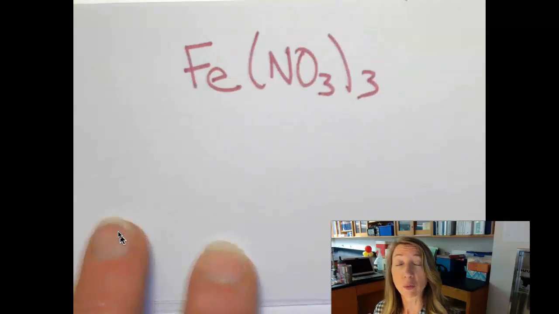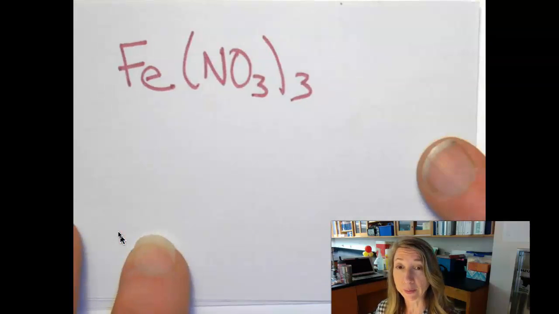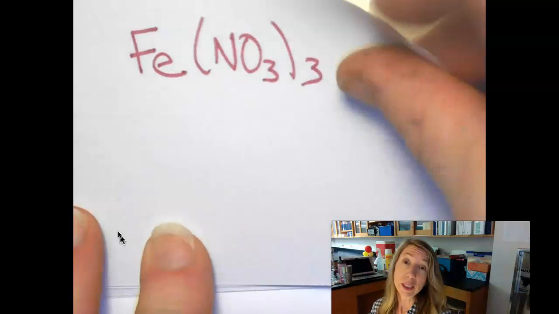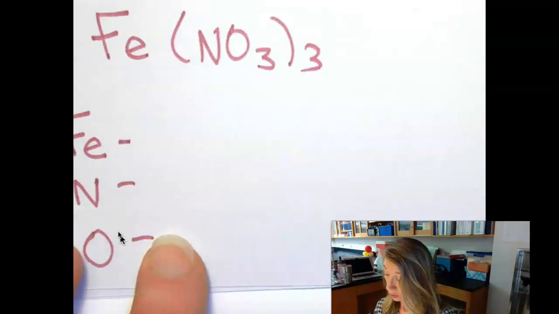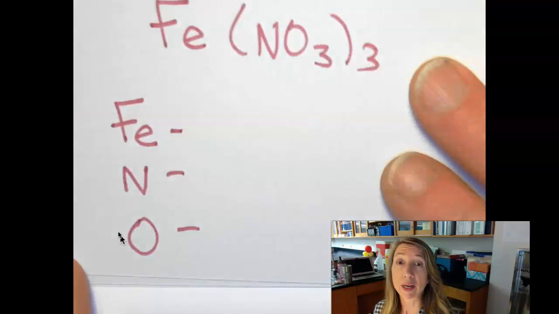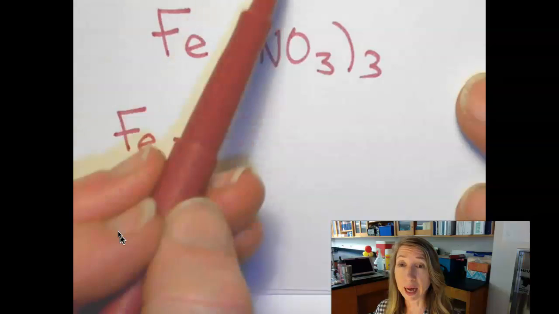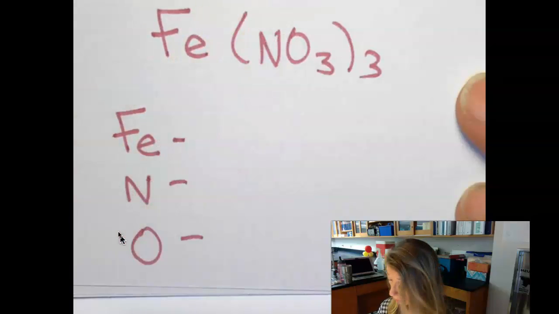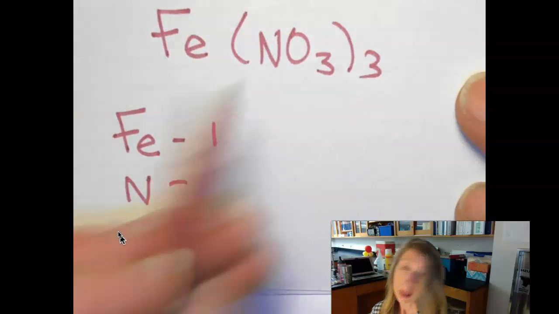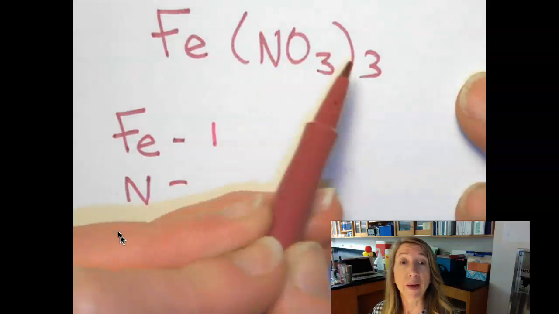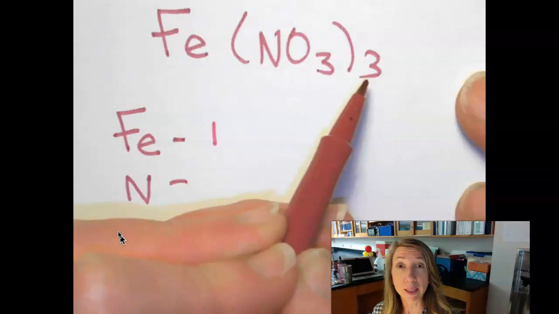Let's look at the next one. We have iron nitrate here. First thing you do is you list all of the elements. We have iron, we have nitrogen, we have oxygen. We'll start at the front. The iron is not inside the parentheses. There's only 1. The nitrogen, there's 1 nitrogen in the nitrate, but we have 3 of the nitrate polyatomic ions.